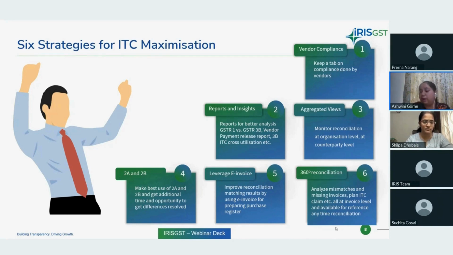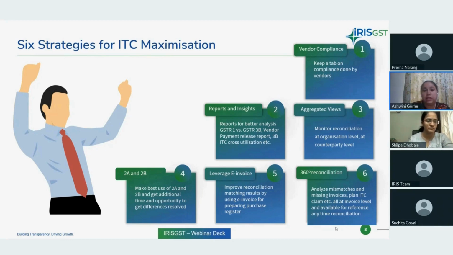If any manual work is there, the possibility is that some mismatches here and there will happen. But if you integrate an end-to-end solution, there are very little chances that you will face these kinds of issues. Hence leveraging this e-invoicing data in your purchase register will also help you to maximize your ITC.